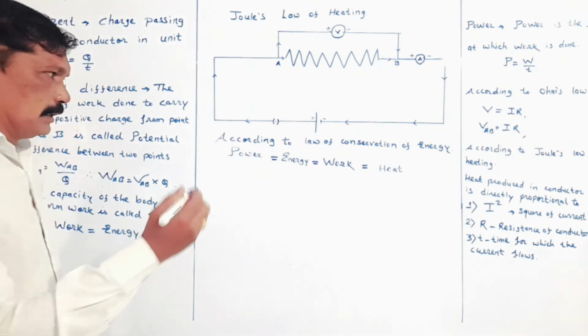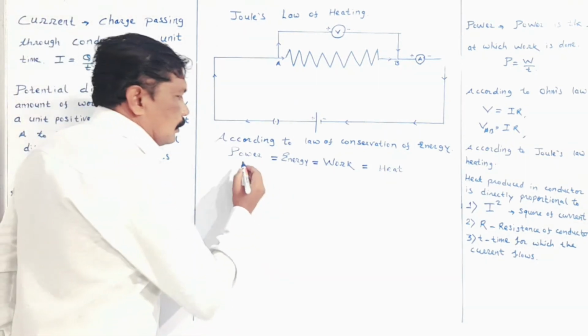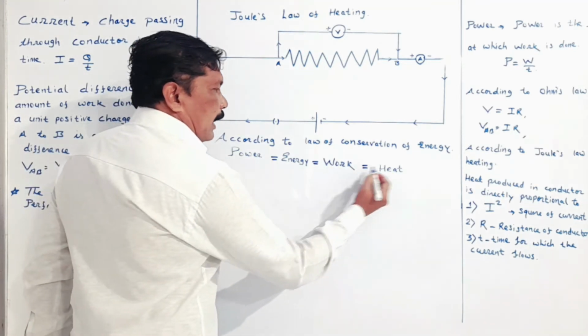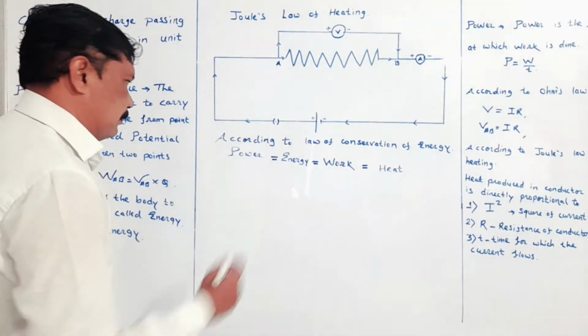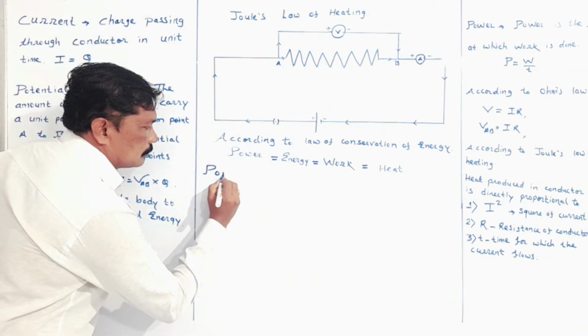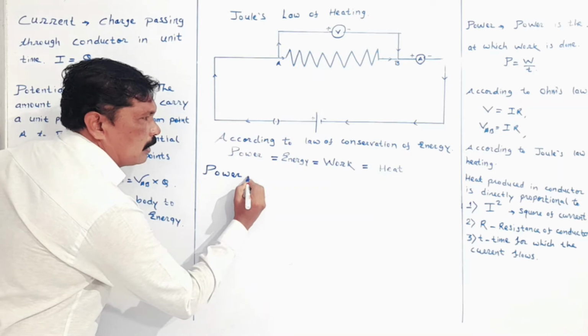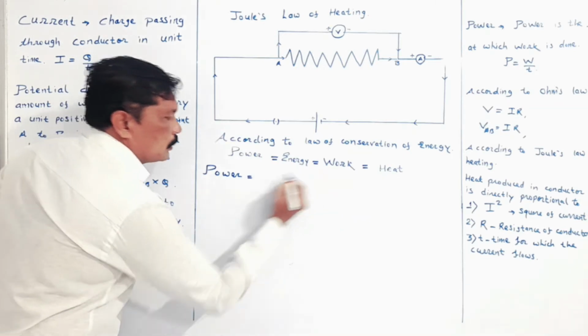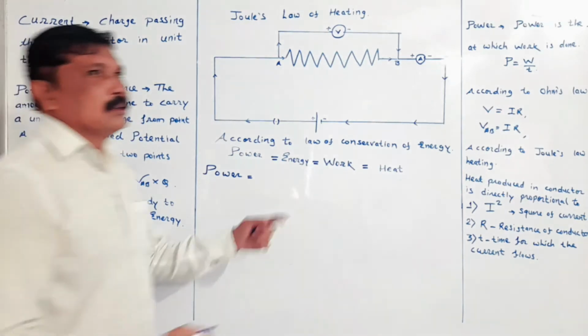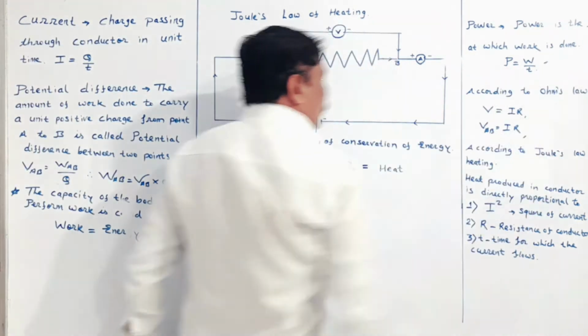My dear student, here power, energy, work and heat will be the same. What is the formula of power? Power is equal to work upon time.